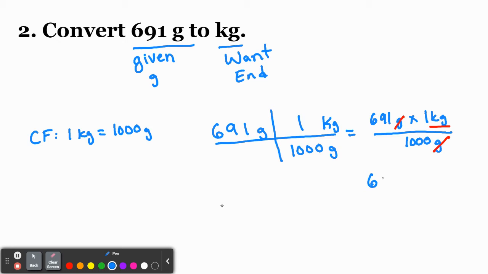So I'll take 691 times 1 kilogram and divide that by 1,000. And when I punch that into my calculator, I get an answer of 0.691. And I bring in the only unit that's left, my kilograms.